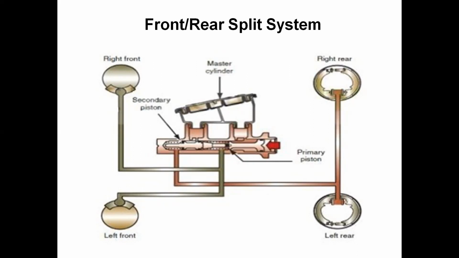The fluid is passed through the front wheels and rear wheels of the automobile vehicle. There is a primary piston, secondary piston, master cylinder, right front, left front, left rear, and right rear. So in all wheels of the vehicle, the fluid is passing.